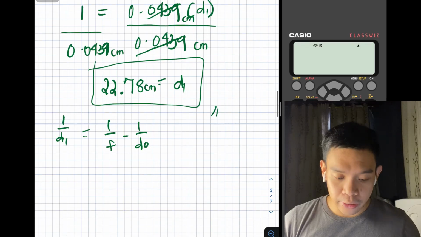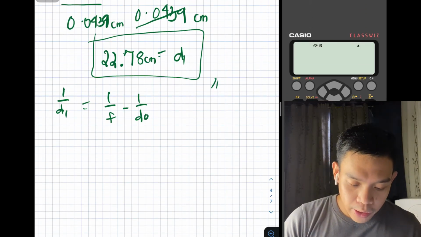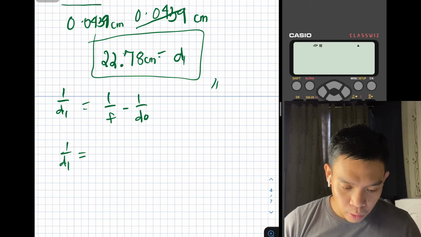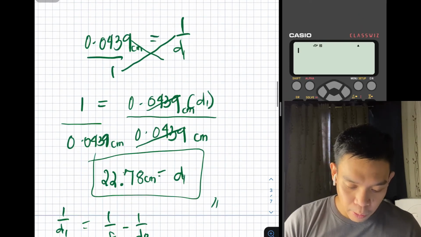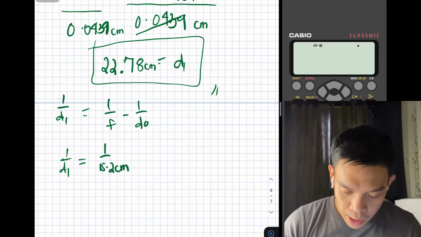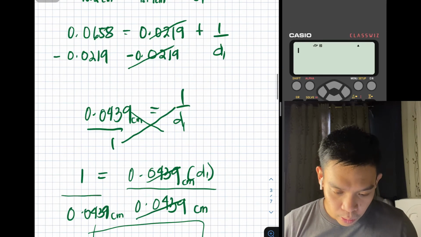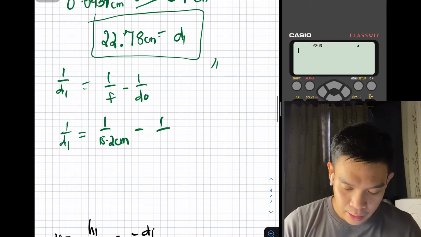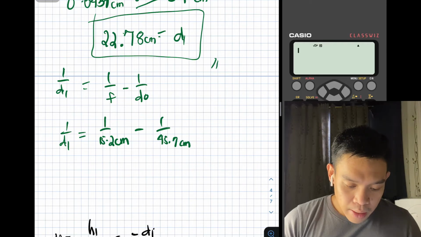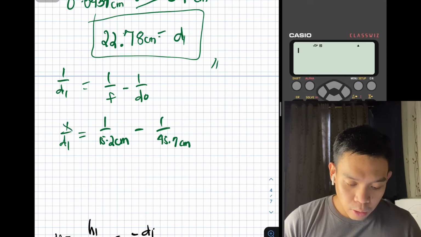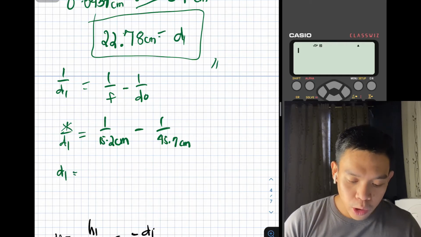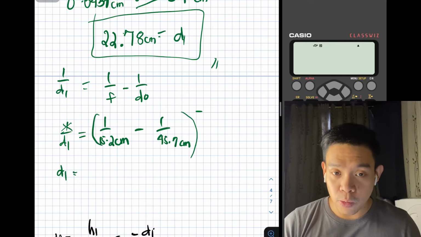With our calculator, we put 1 over DI is equal to 1 over F, which is 1 over 15.2 centimeter, subtracted by 1 over DO, which is 1 over 45.7 centimeter. We need to isolate the value and cross out the 1 to get DI, and to do that, we multiply the whole equation by negative 1.